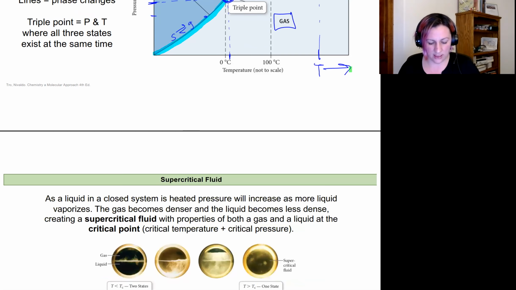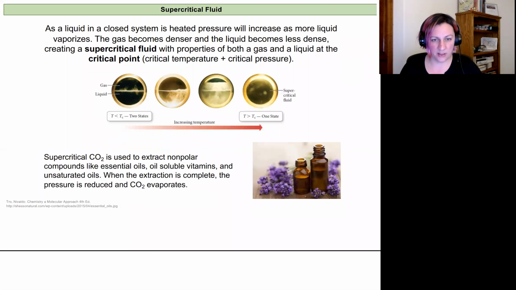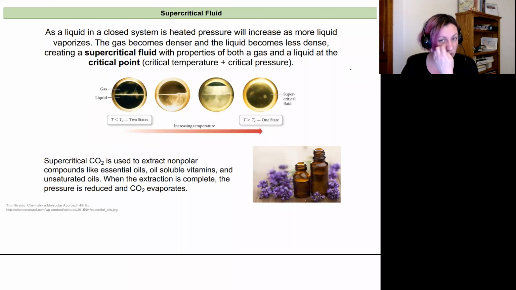Let's look at that again in a little bit more detail. I really like this picture that I'm about to show that shows the two phases. Here we have a gas and we have a liquid, and you can see that line that separates them right there, where it's a gas above and a liquid below. This is like a little window into a pressurized vessel.